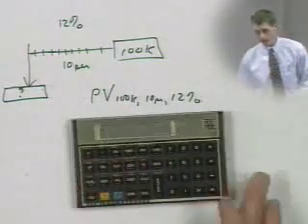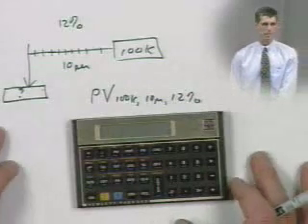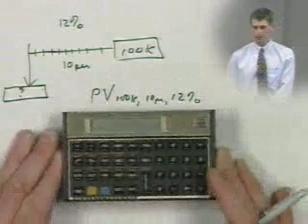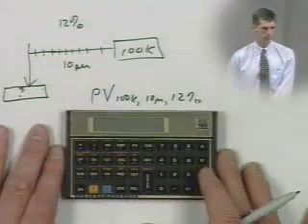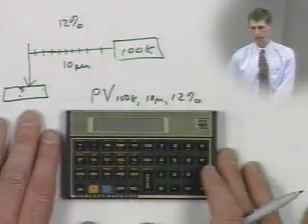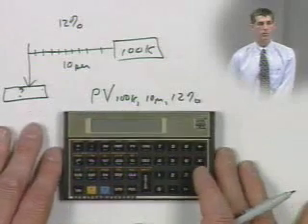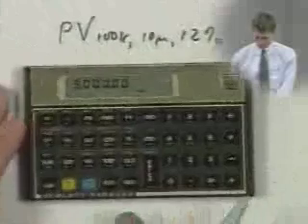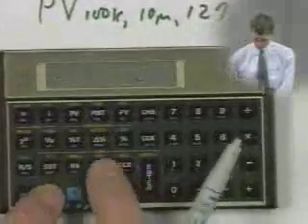Now, my recommendation is, rather than using tables, you want to either use some kind of a handheld calculator, and I use an HP calculator, though it's no better or no worse than any other calculator that has present values, or to use Excel.